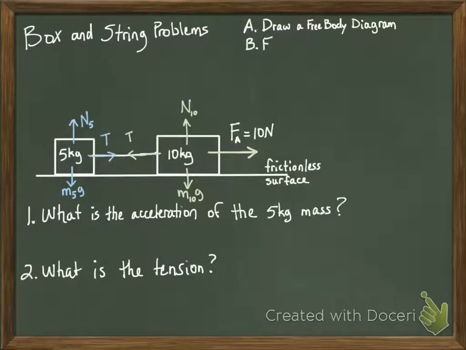The next thing, step B, find the acceleration of the system as a whole. So here we go, find the acceleration of the system. Now, here's where we are going to deal with what a system is.